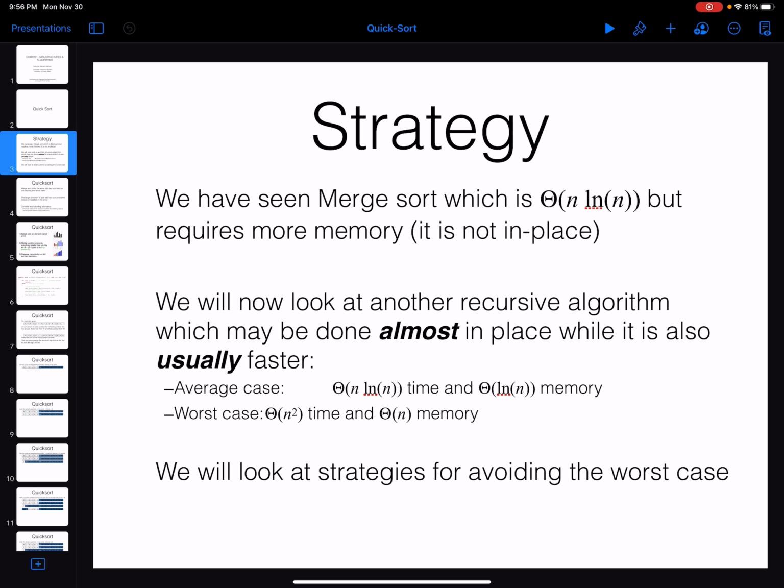Remember, the idea of merge sort was you have the original array that you wanted to sort, and you find the middle index, you divide it at the middle into two arrays, and recursively sort each part, the first half and the second half, and then you have to merge these two.